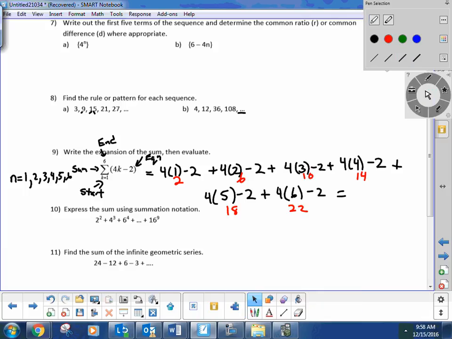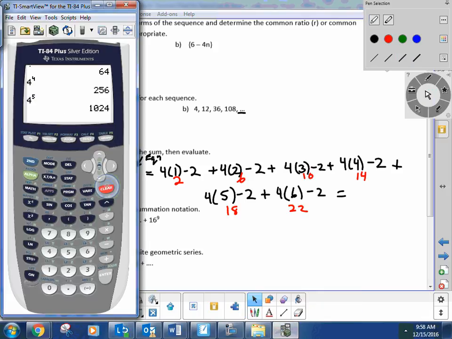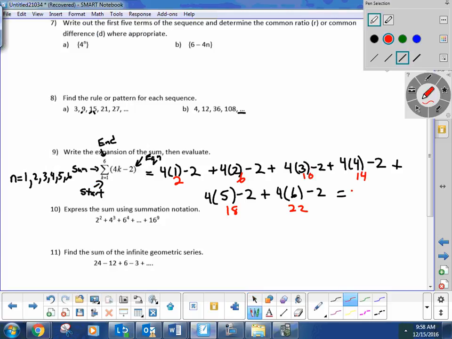So from here, just bring out your calculator and add those together. 2 plus 6 plus 10 plus 14 plus 18 plus 22 is 72. So the summation of this is 72.